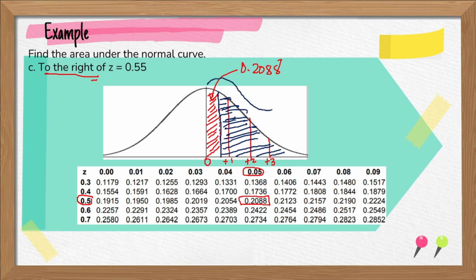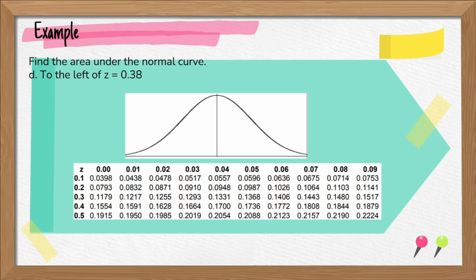Kasi half of the normal curve is 0.5. Yung kabuuan is 1. So, yung kalahati is 0.5. So, ma-minus na lang natin yung 0.2088 para makuha natin yung shaded part sa kanan. So, 0.5 minus 0.2088. The answer is 0.2912.